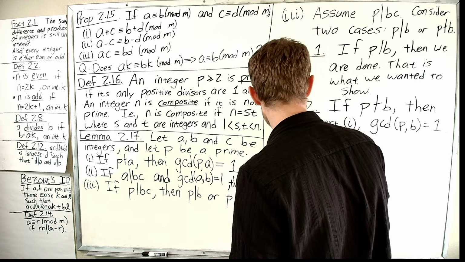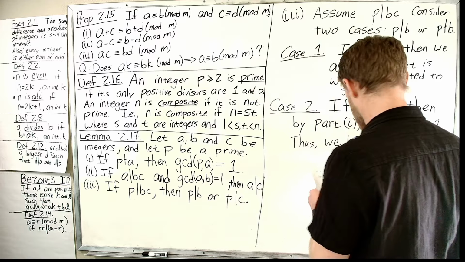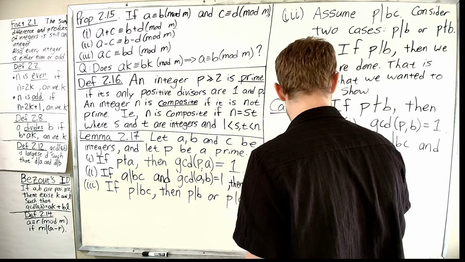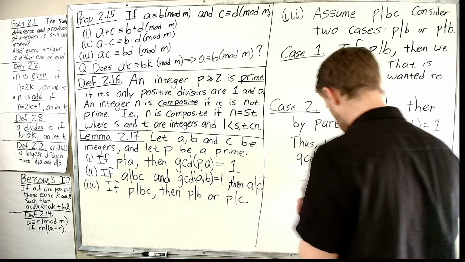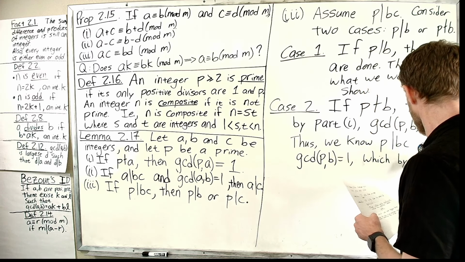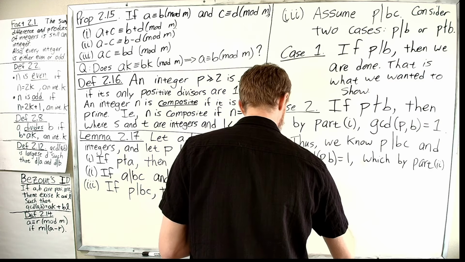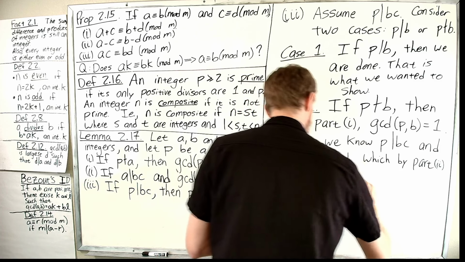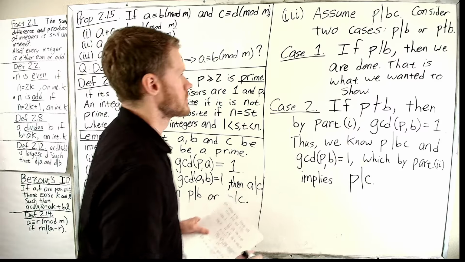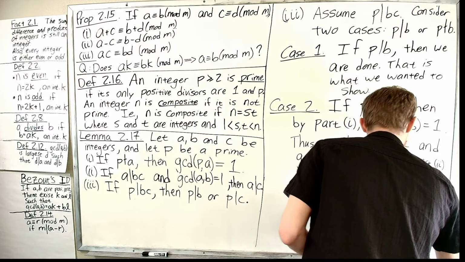We can now state the conclusion. Thus, we know that P divides BC, and the GCD of P and B equals 1. Which by part 2 implies that P divides C. So again, we are done.